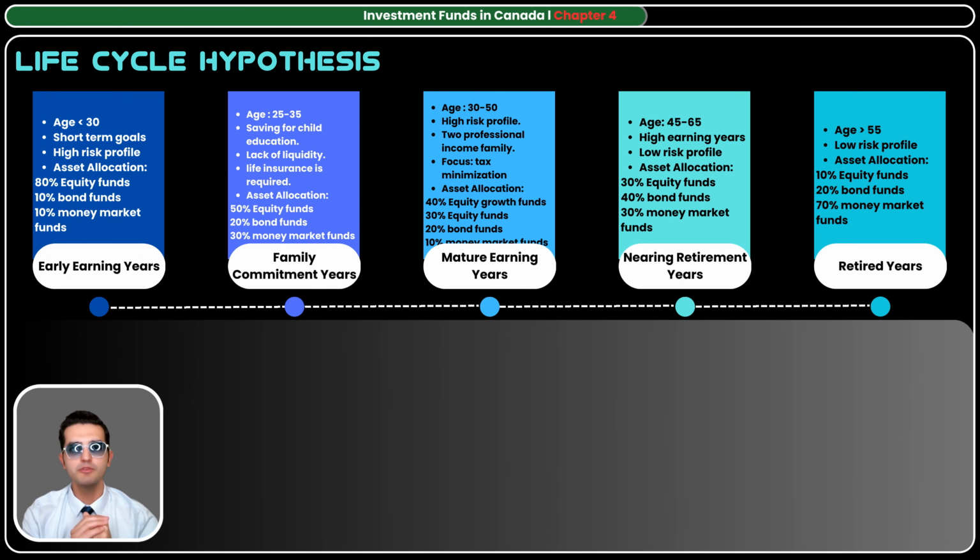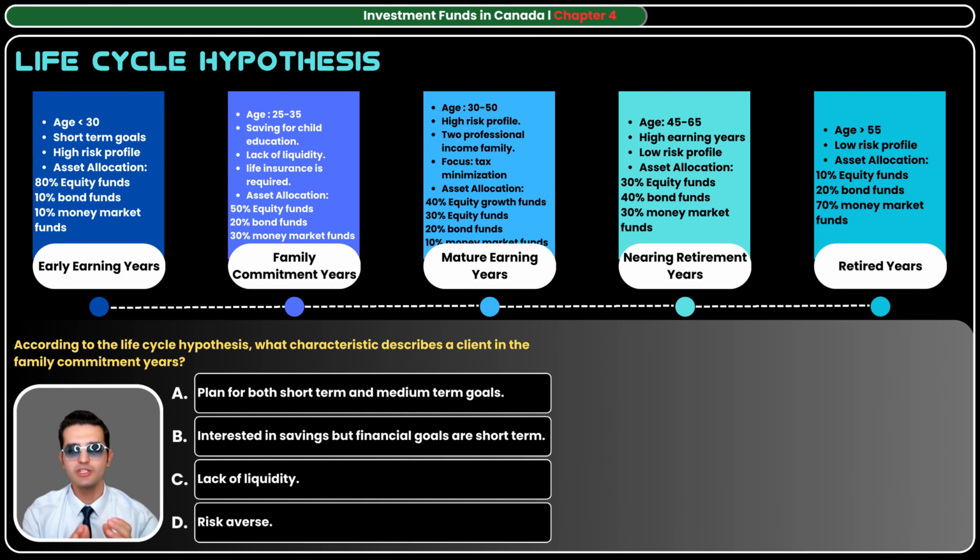Let's get to the type of question you may get. According to the life cycle hypothesis, what characteristic describes a client in the family commitment years? A, plan for both short-term and medium-term goals. B, interested in savings but financial goals are short-term. C, lack of liquidity.